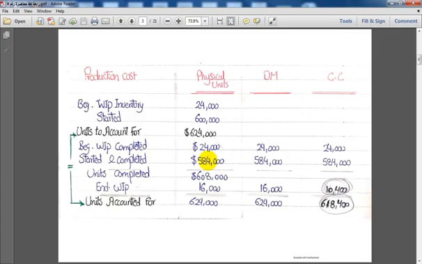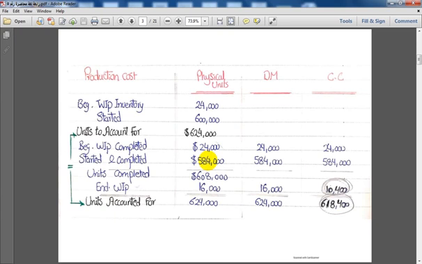At the beginning of July, there were no units in the finished goods inventory. We have no beginning finished goods inventory. The firm's inventory cost records provide the following information.